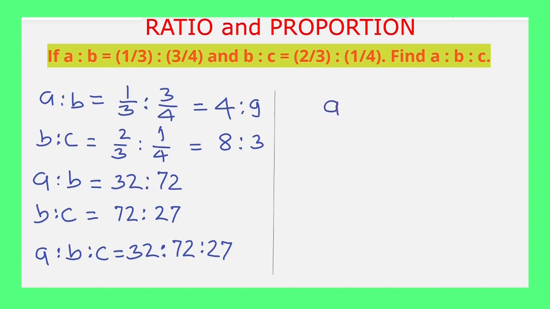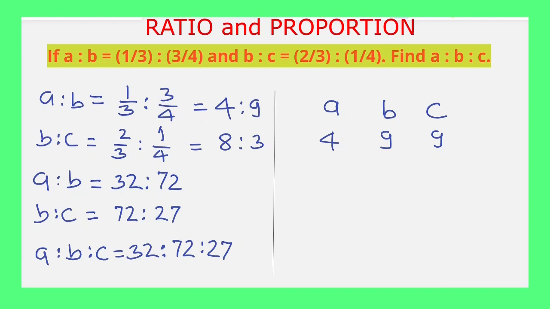We write all the three letters A, B and C. A ratio B is 4 ratio 9. So we write 4 below A and 9 below B. And we write 9 again below C, which is the digit of B in 4 ratio 9. And it is given that B ratio C is 8 ratio 3.